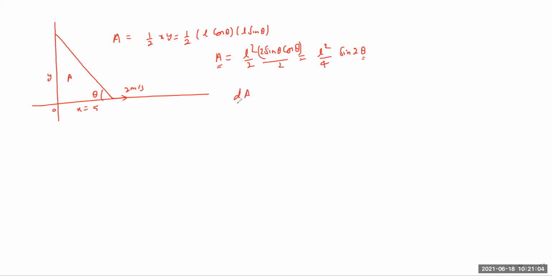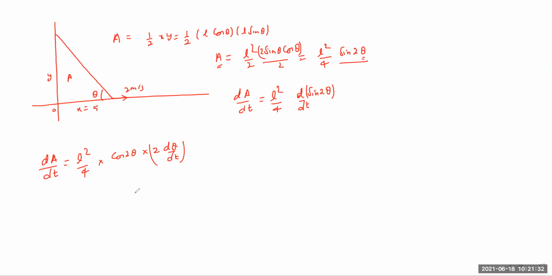So what is dA by dt? d by dt of sin 2 theta. So dA by dt is L square by 4 into cos 2 theta into, and we take 2 outside when we differentiate this term with time.